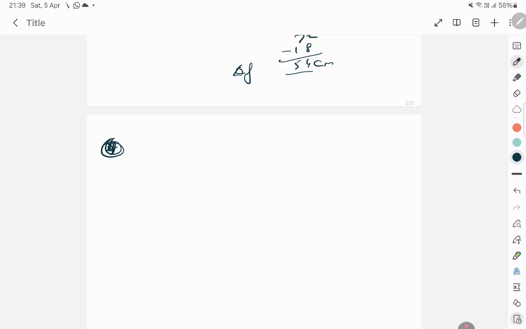Two thin lenses of power plus 6 diopter and minus 2 diopter in contact. So 2 lenses are in contact.